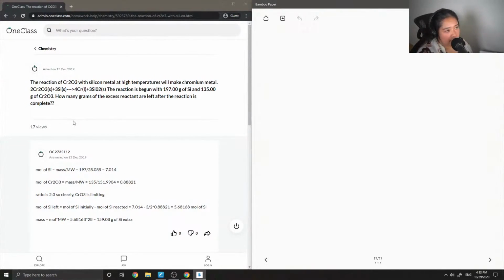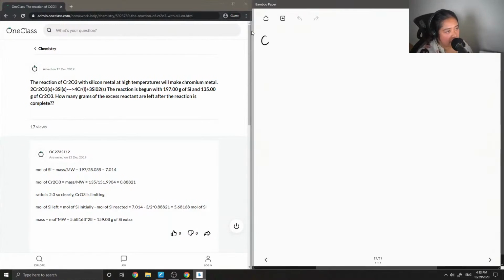This is just a classic limiting reagent question. So the first thing I'm going to do is write out the balanced equation. It's given to us, so I don't have to balance it myself.